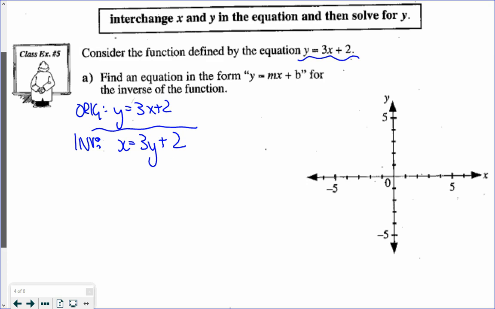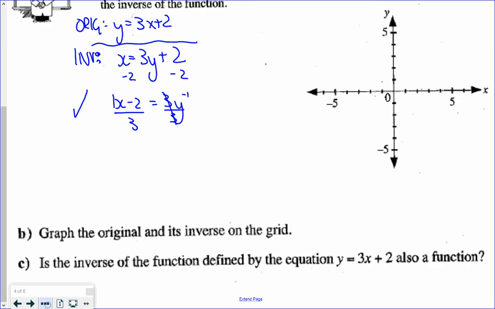So basic algebra here, we're going to subtract 2 from both sides, and then I'm going to divide both sides by 3. Now there's nothing wrong with leaving the answer like that. That is a perfectly good way of doing it. And by the way, to show it's an inverse, we just put to the power of negative 1. Another way to write the equation, though, is to understand that this is like saying 1x minus 2 over 3.